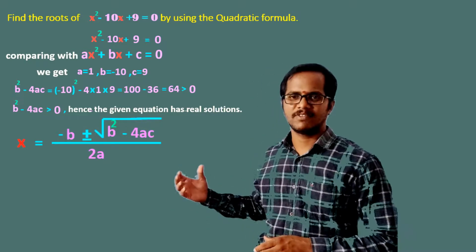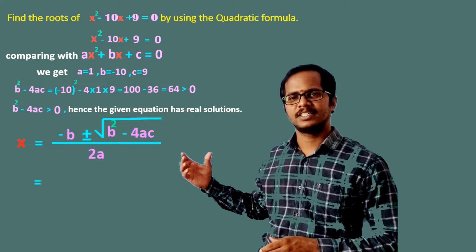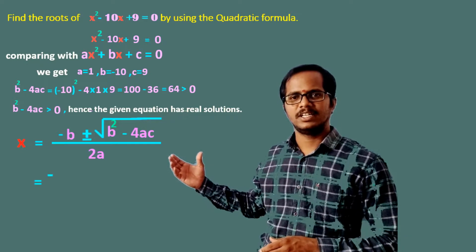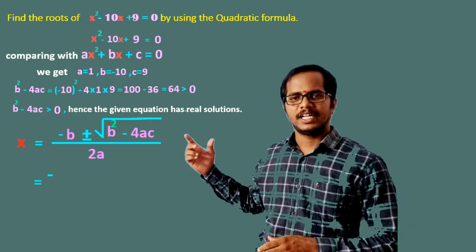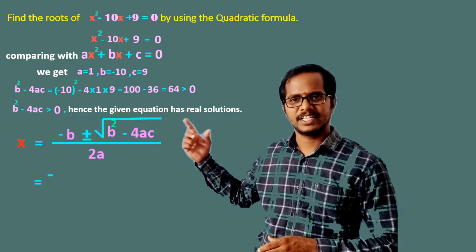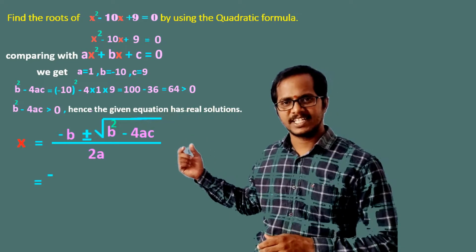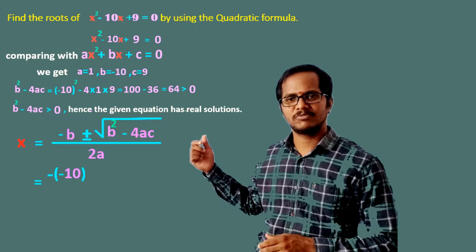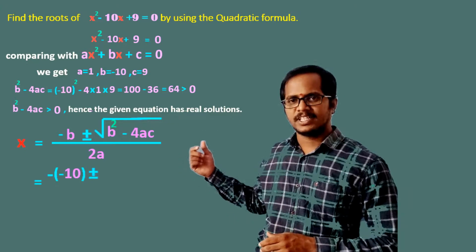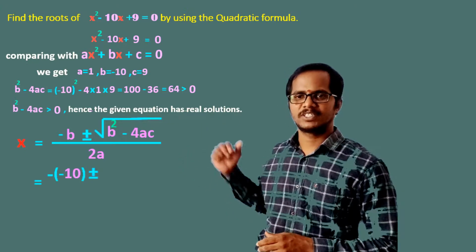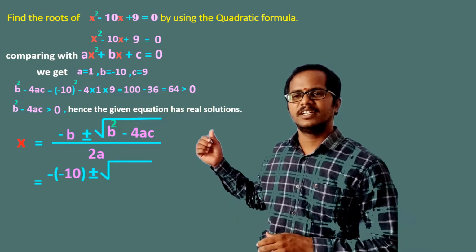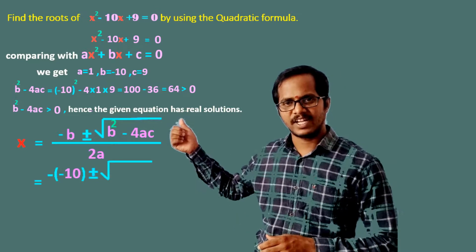Now by substituting the values, we get minus b first, write minus first, and b value is what? Minus 10. So write minus 10 in the place of b, so we get minus into minus 10 plus or minus square root of b square minus 4ac. Here the b square minus 4ac value we already found, that is 64.